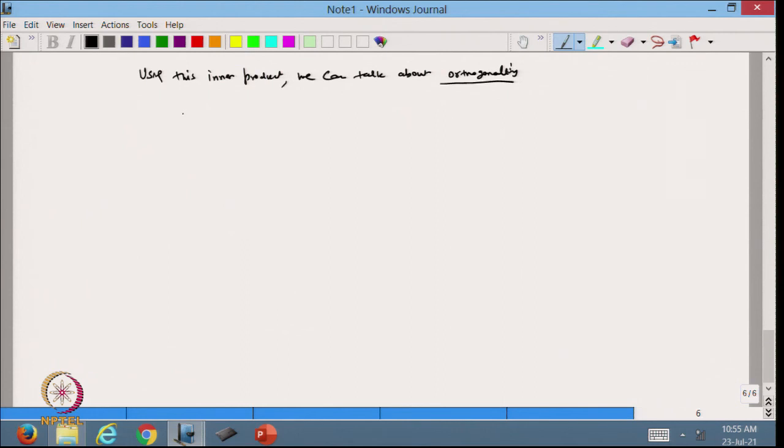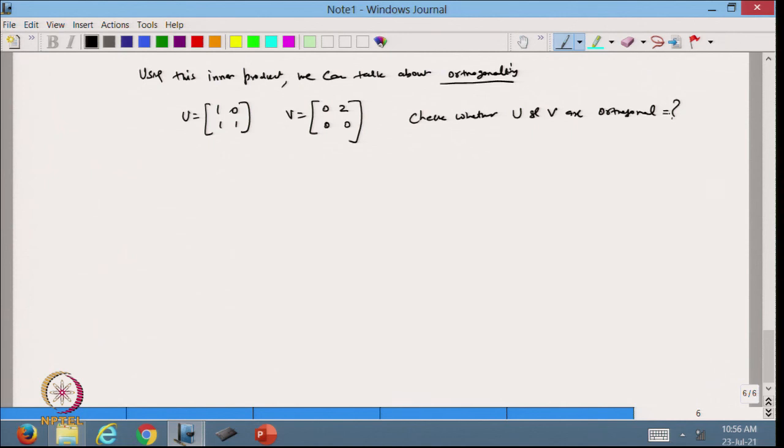So how can we say it? Let me take some matrix U, the matrix 1 0 1 1, and I take another matrix V, 0 2 0 0. Suppose I take these matrices and I want to check whether U and V are orthogonal or not. So this one we want to check.